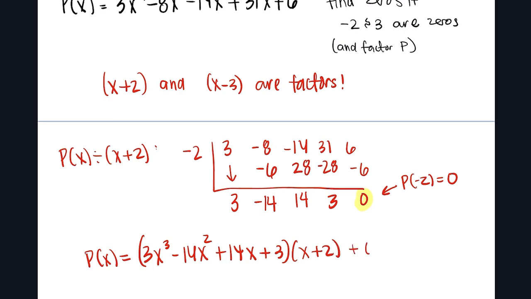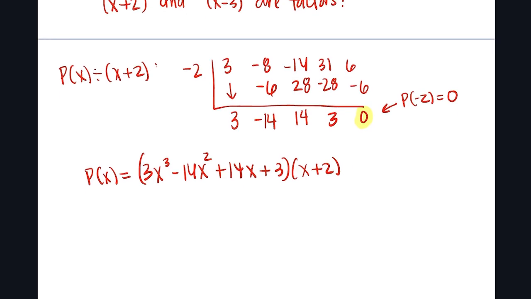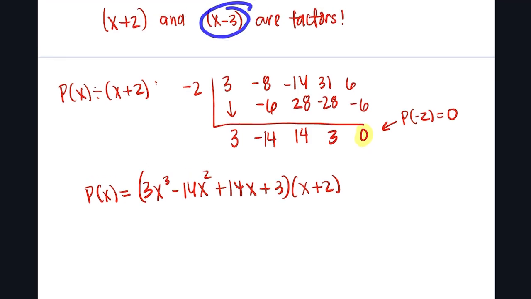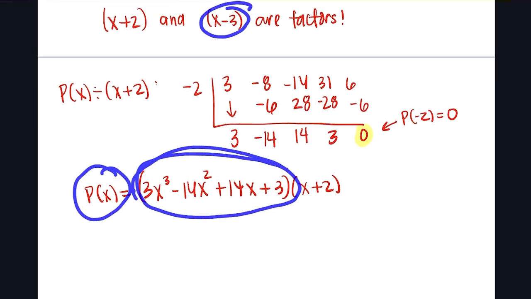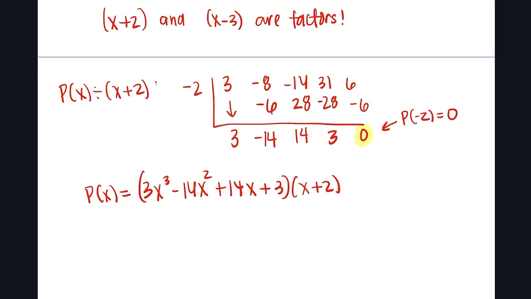And I could say plus 0, but that plus 0 doesn't really make any difference. And then, if x minus 3 is a factor of P of x, it should be a factor of this next polynomial. So I'm going to divide this by x minus 3.